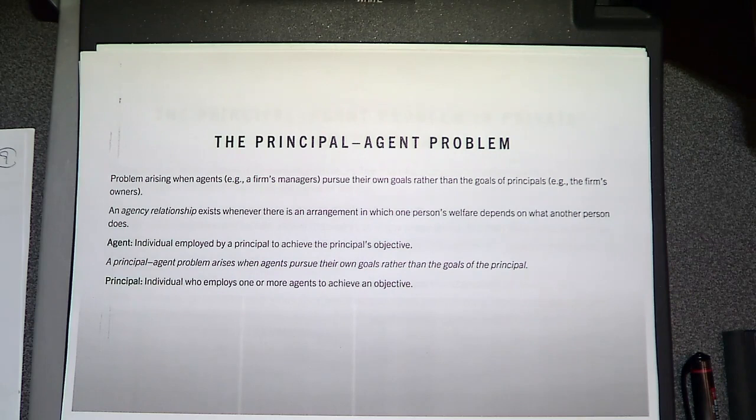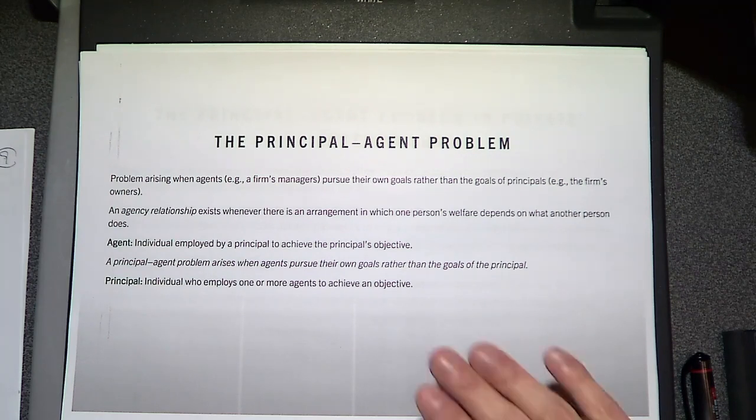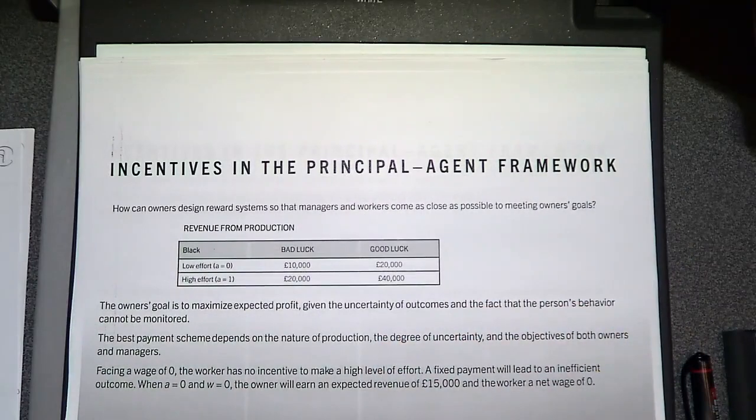But assume a person decides to do a low effort, and the owner has agreed that within 10,000 and 20,000 of total revenue, you get a salary of 0. Let me actually show you here.